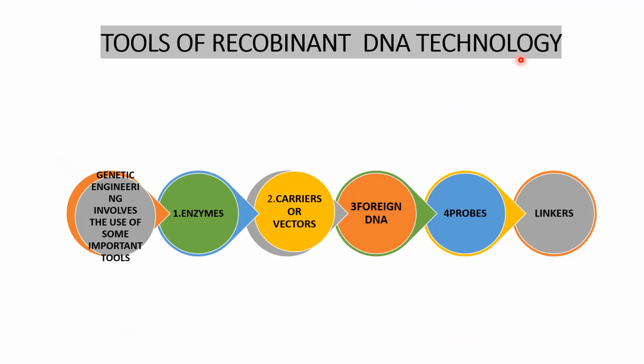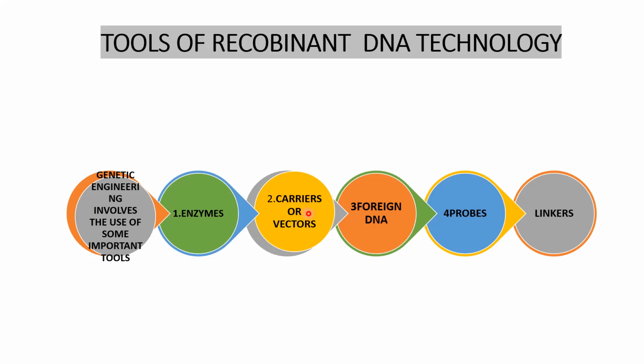For this whole process, we need various important tools. And what are the various tools involved in the whole process? Number one are various kinds of enzymes. Enzymes play an important role in cutting the DNA from a particular point, and then that cut DNA is multiplied and cloned with the help of carriers or vectors.